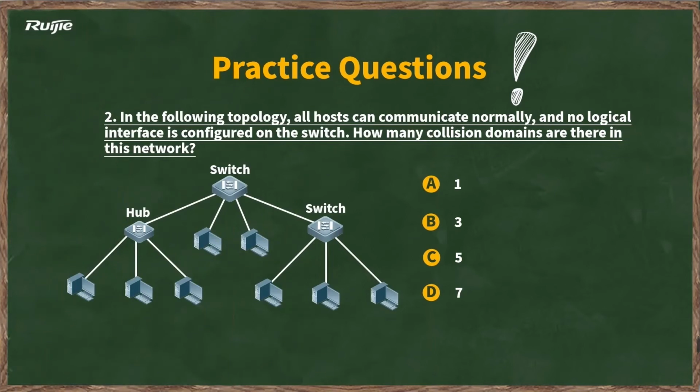And about the second one, in the following topology, all hosts can communicate normally, and no logical interface is configured on the switch. How many collision domains are there in the network? So let's review the function of the switch.